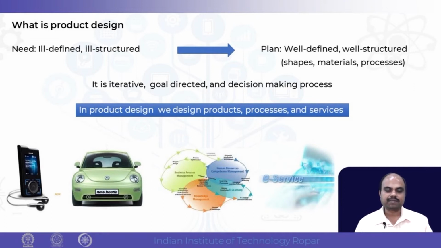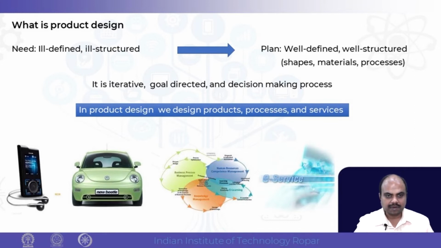That is a process, a chemical process. There are also services. Services means the mobile service which we are using. Nowadays many software services are also there which we can use, and electricity. So there are so many things which come under services. So when we're talking about product design, we're talking about products, processes and services.